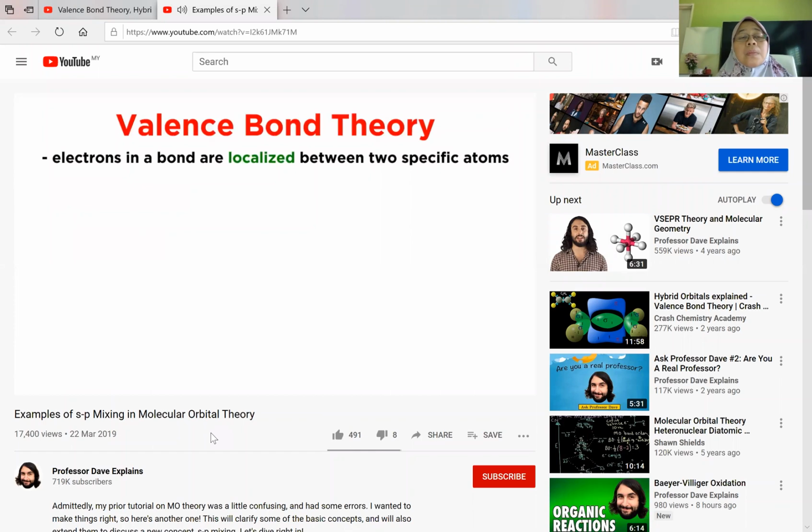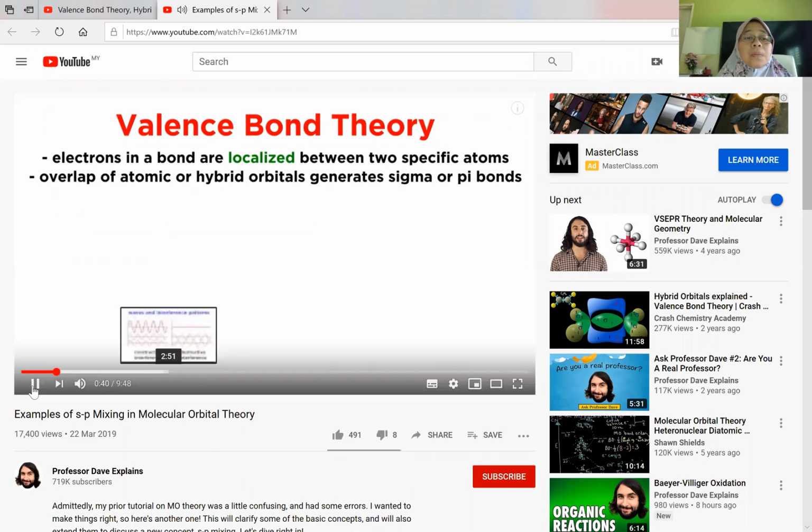Valence bond theory considers covalent bonds as being localized between a pair of atoms, resulting from the overlap of atomic orbitals. As we discussed just now, in VBT it is an overlap of atomic or hybrid orbitals, forming a sigma bond or pi bond.